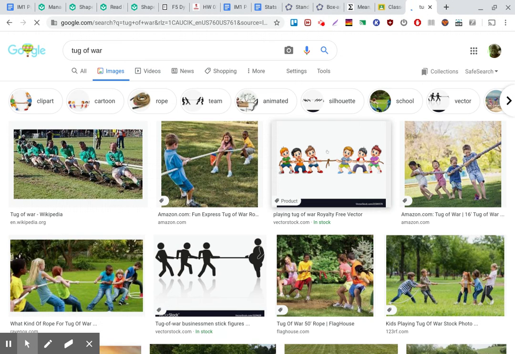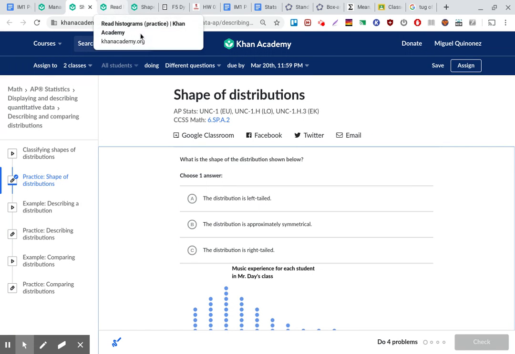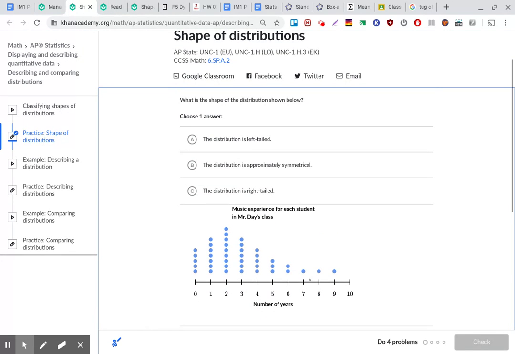Okay, so we're playing tug of war, and keep an eye on this little flag or ribbon that's here. So with tug of war, the flag will be the middle number. The middle number is not the middle of 0 and 10, it's the middle of the data, right? The dots. The middle number is probably going to be here somewhere.